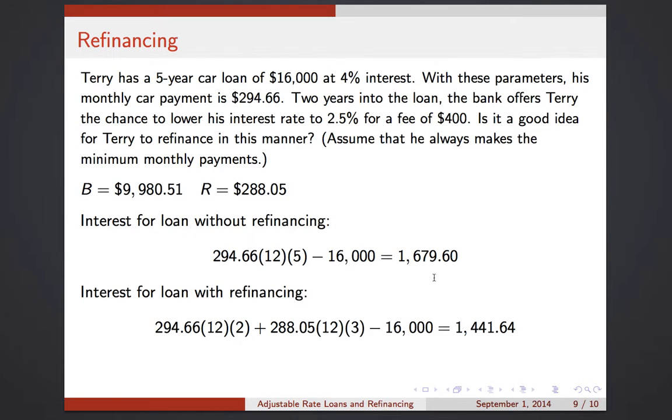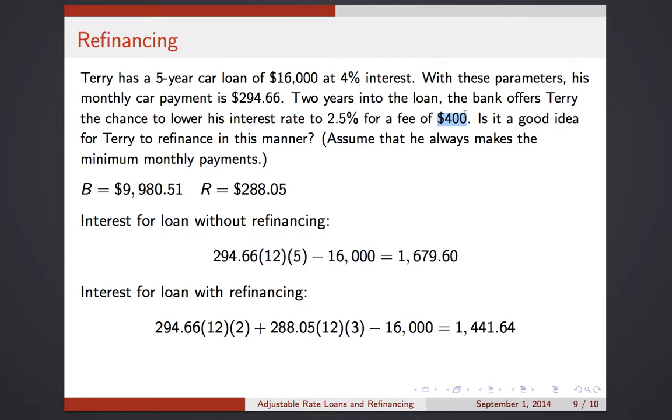Okay, notice that if I take the difference between these two interest amounts, I get approximately $250. Okay, so refinancing saves you about $250. So the question is, why would I pay $400 to save myself $250? Right? That doesn't make any sense.